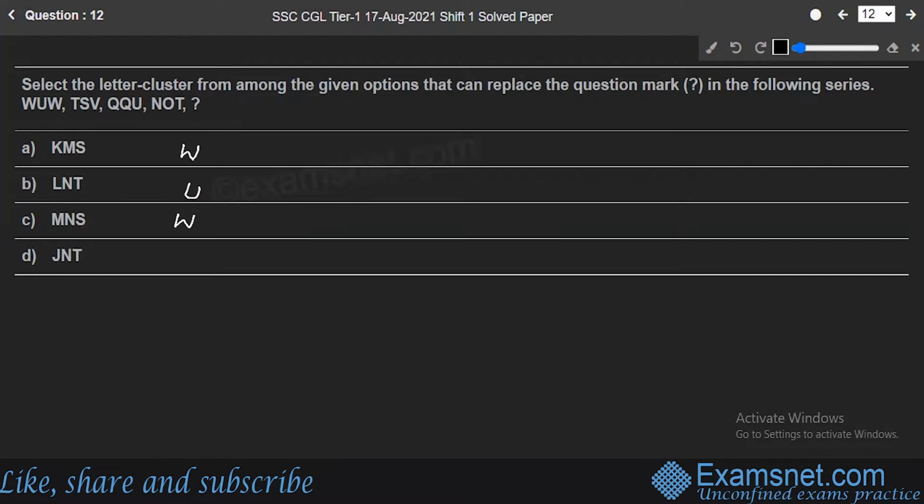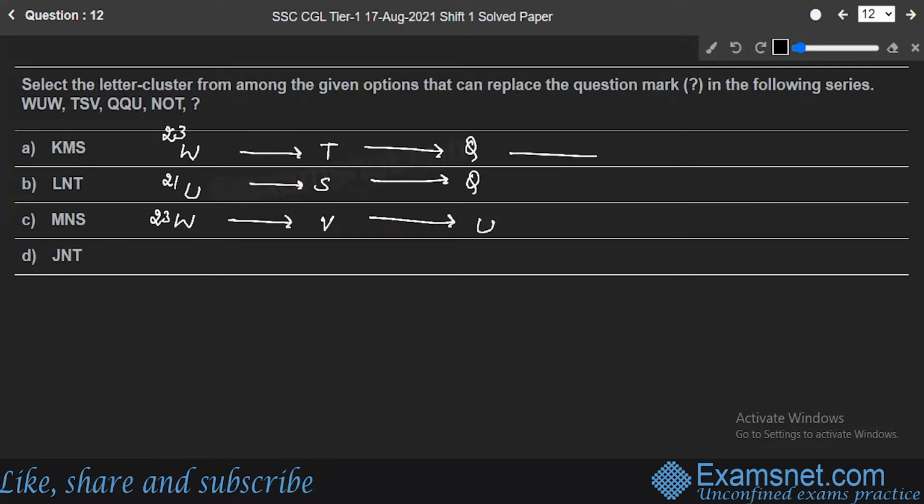What is the position value of W? You know, the position value of W is 23. U is at position 21, then 23. Then from here, if you are moving to T, S, V, Q, Q, U, N, O, T, then you have to see where you will move.